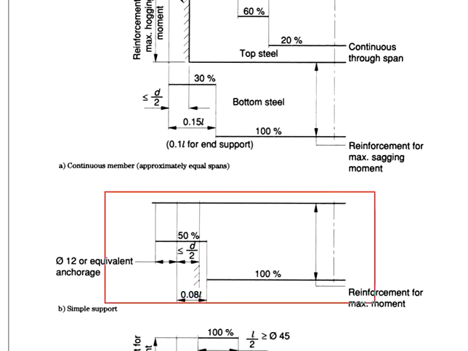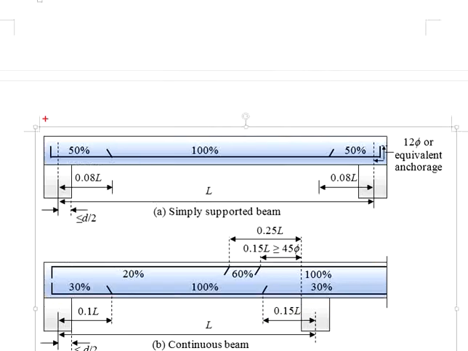Now, if you find this difficult to imagine, you may refer to this. Simply supported beam, 100% maximum steel bar at the midspan, and then you may reduce the amount of reinforcement bar by 50% at the locations of 0.08L, which is the effective length of the beam, calculated from the centroid of the support, which shall not exceed the distance of d/2, with the d here referring to the effective depth of the section.